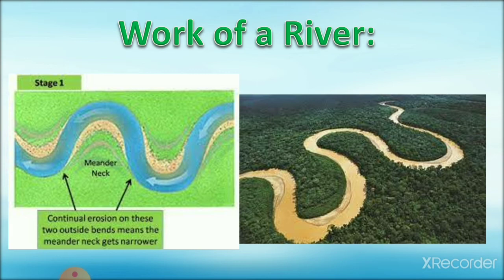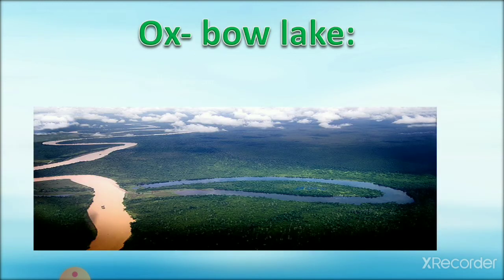Now the river erodes, transports and deposits the sediments, right? As we have seen in the mountainous region, there is no deposition of the sediments, but now on the plain surface, it also deposits the sediments. Due to the continuous erosion and deposition, the meandering loops become almost circular and come very close to each other.